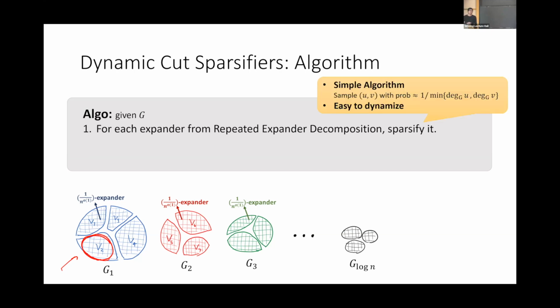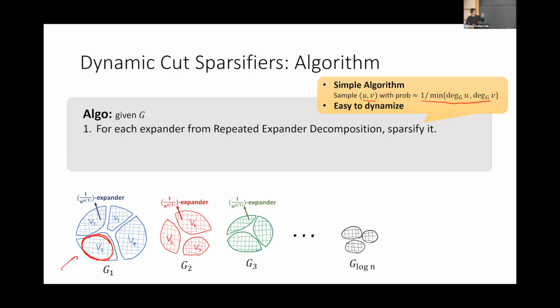But you know that on an expander, you can sparsify it so easily, just by sampling each edge with probability proportional to 1/minimum of the degree of the endpoints. And you can imagine that this information is easy to maintain, and you can get a dynamic algorithm for this simple algorithm.